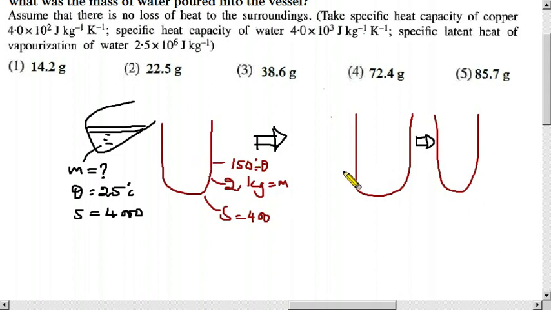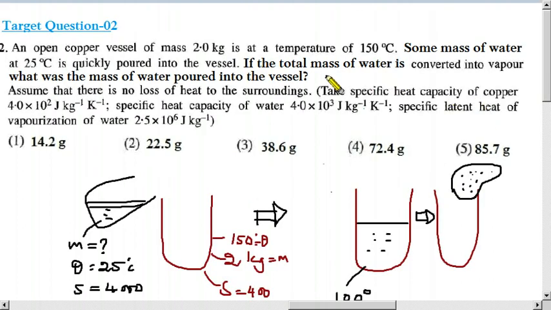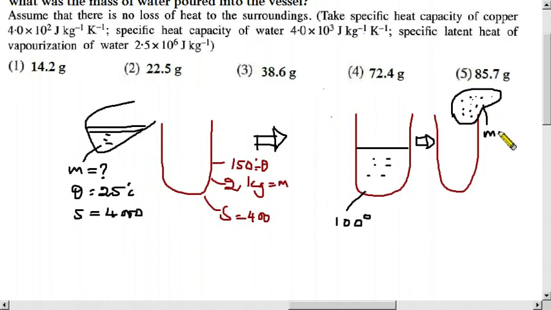So first of all, what happens? The total amount of water should be heated up to 100. After that, anything can happen, but before that, as water, as liquid, without a change in state, it should increase its temperature up to 100. So if there is additional heat, then what happens? It converts into vapor. So like this. They say the total mass of water is converted, so that means the mass, we don't know, that is what we have to find out.